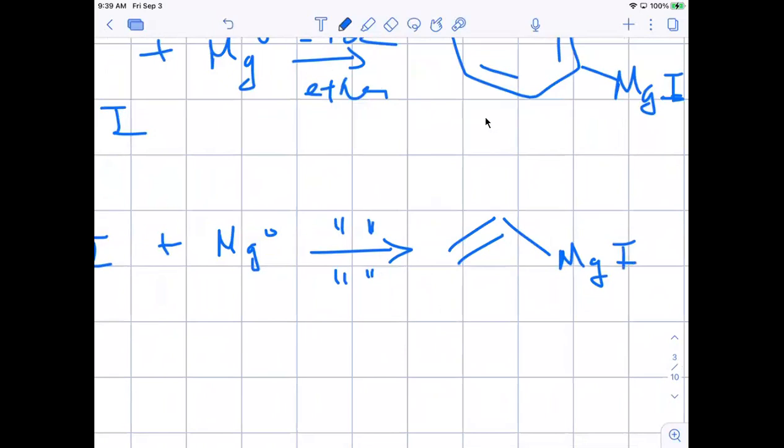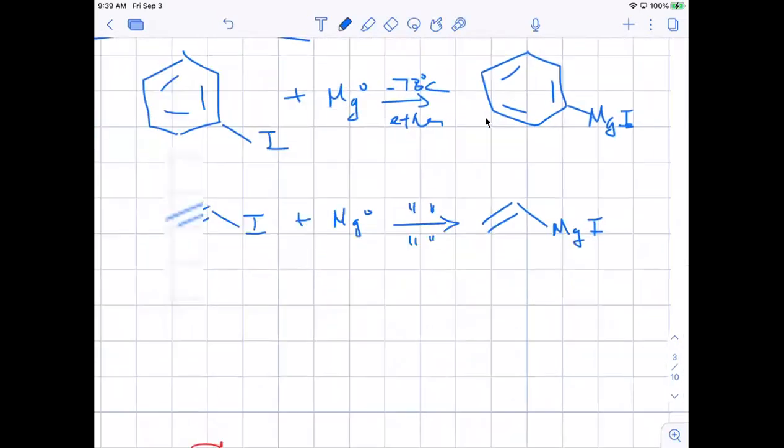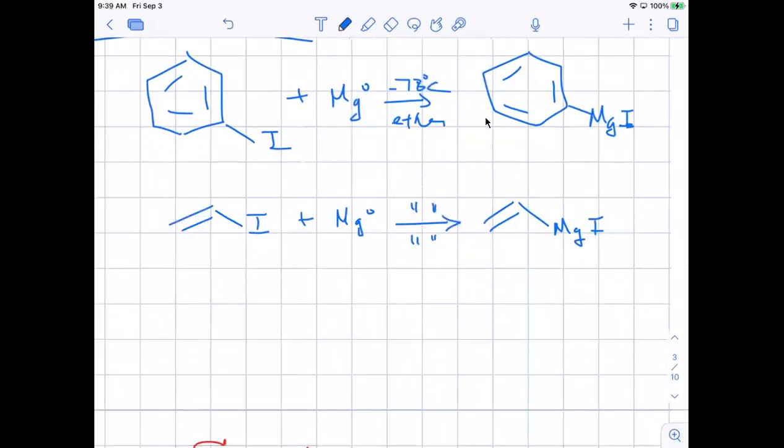And the reason I'm using iodine is because that's the easiest, most facile reaction, right? You can use iodine, it can be bromine, or it can be chlorine, but iodine is the most facile out of all of them, because that bond is long and it's weak, and so it's easy to get that metal to insert in it.